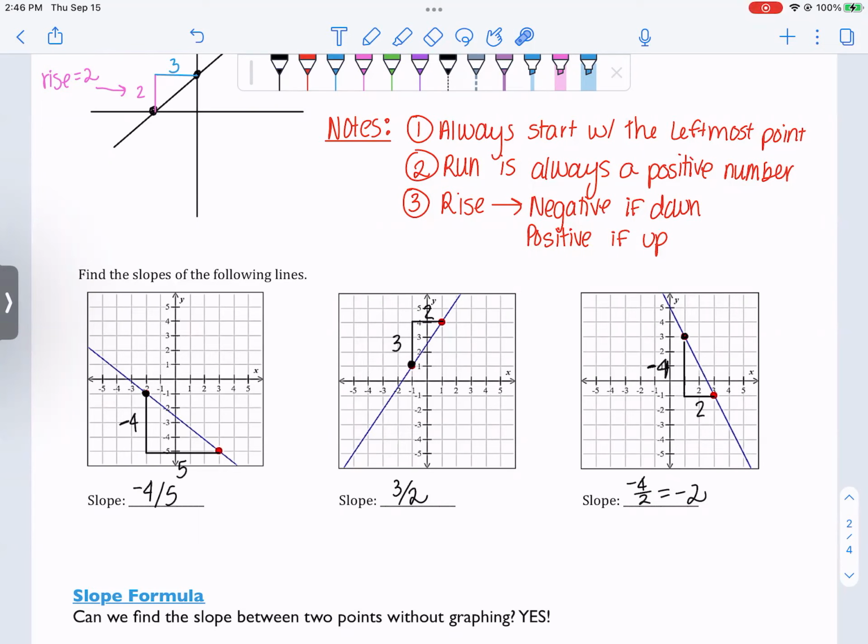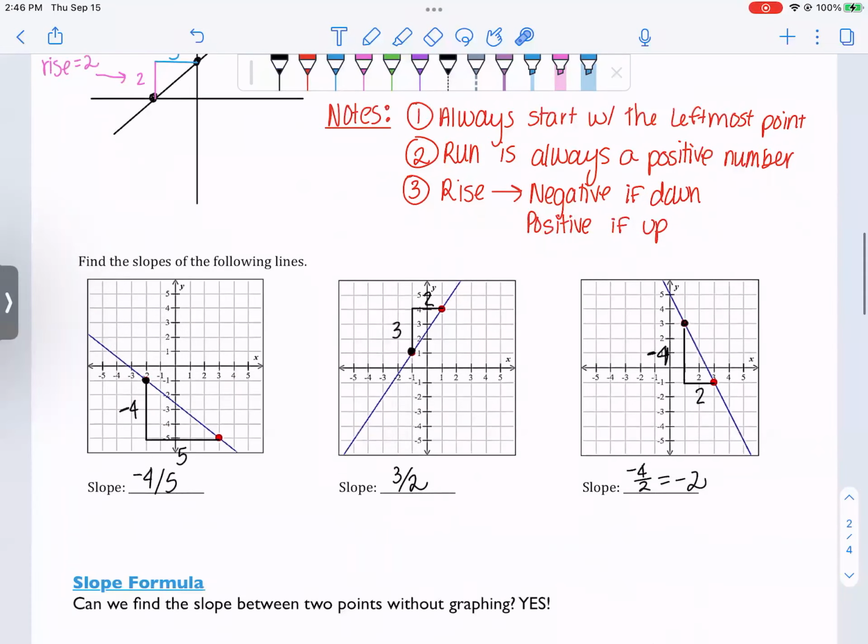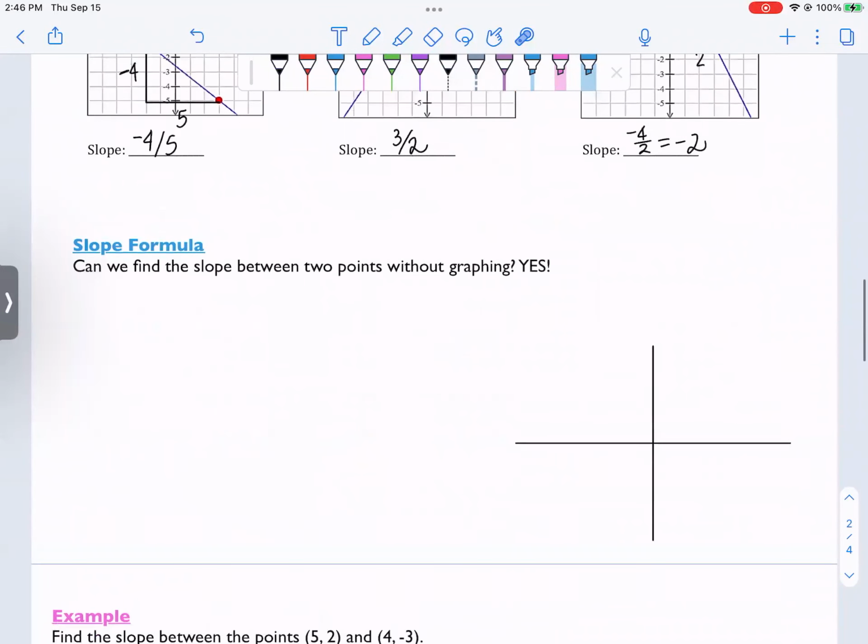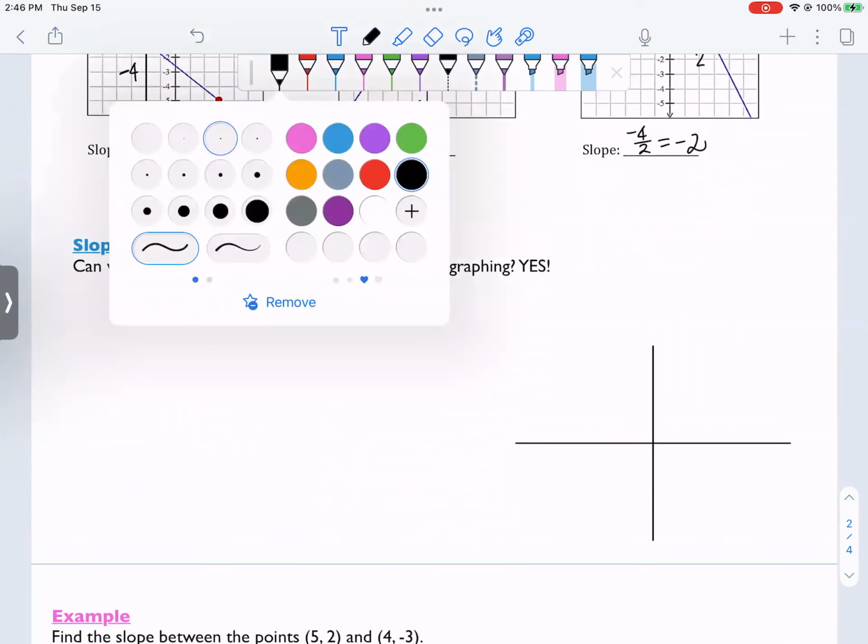But there's other ways that we can find the slope of a line. For instance, if we have 2 points on a line, we have the coordinate points of 2 points, we can find the slope between them without graphing. We have a formula. I'm going to draw maybe not a line, maybe I'll just draw my points here.